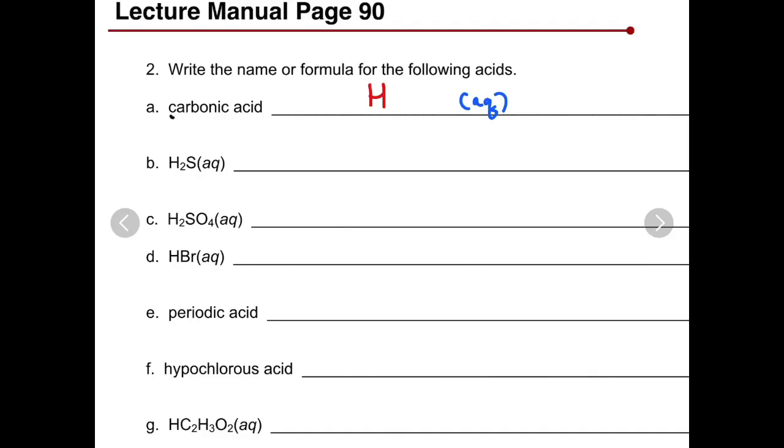It comes with carbonic. Because it's ending with ic, it's going to come from a polyatomic ion ending with ate, because we changed ate to ic. That's how I know. And the names ending with ate are those that are polyatomic ions.